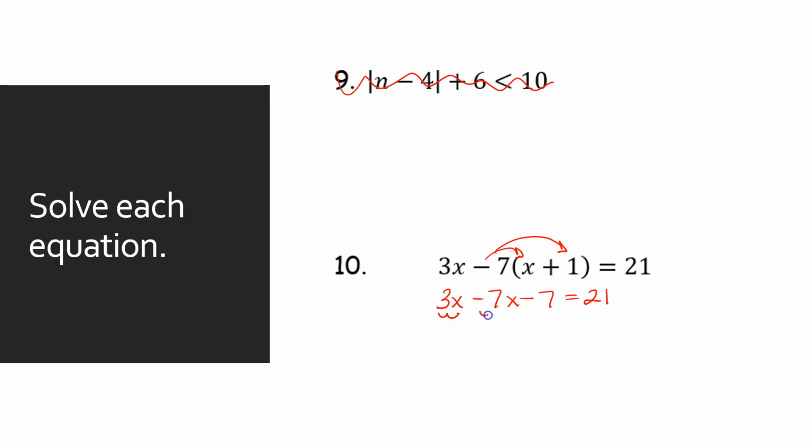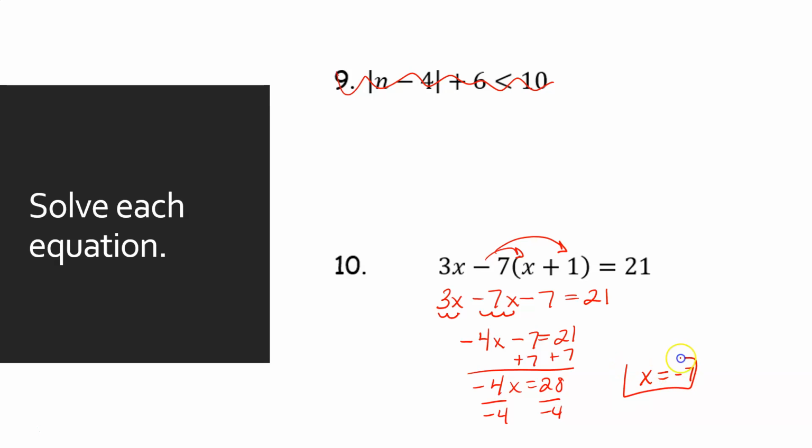You combine the 3x and the 7x to get negative 4x minus 7 equals 21. If I add 7 to each side, I have negative 4x equals 28. When I divide each side by negative 4, I have x equals negative 7.